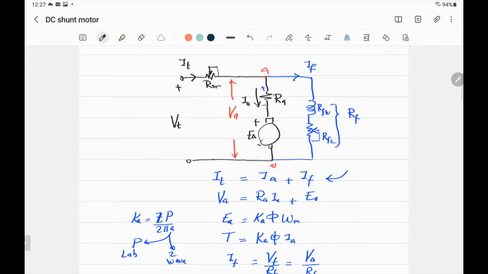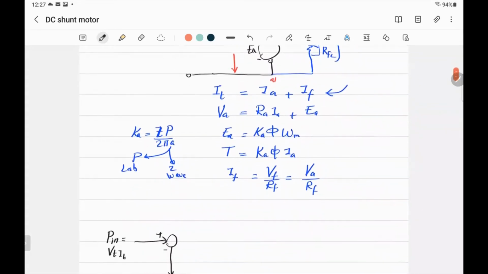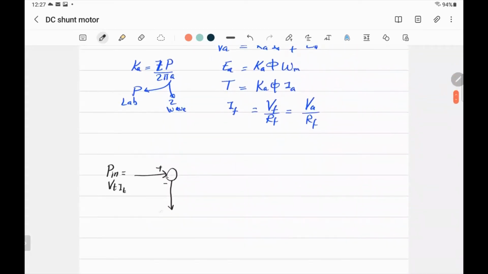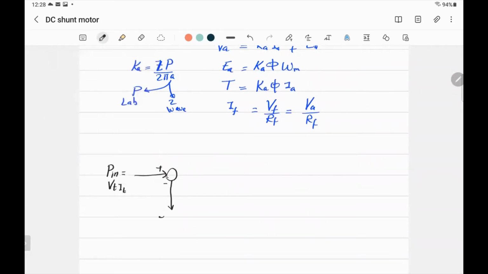If you don't have RSR, the armature power is the same as the input power. But I'm making it the general case, so it'll be easy. So I say there is some loss here, and the loss is equal to IT squared times R series, whatever the name of it.